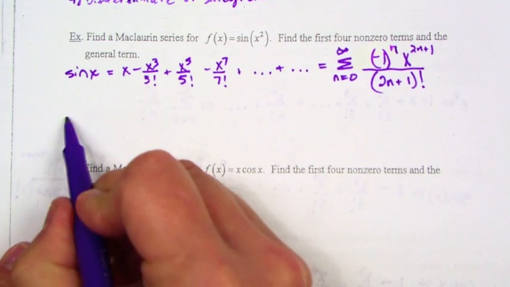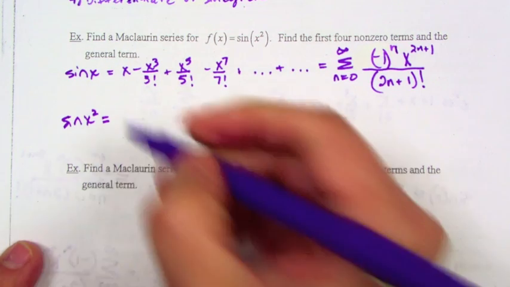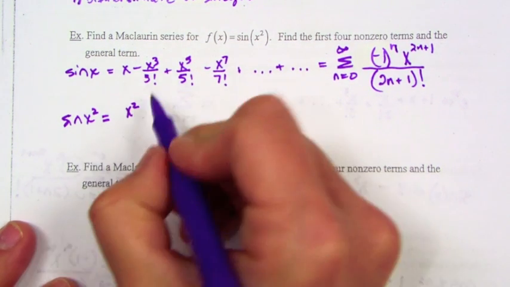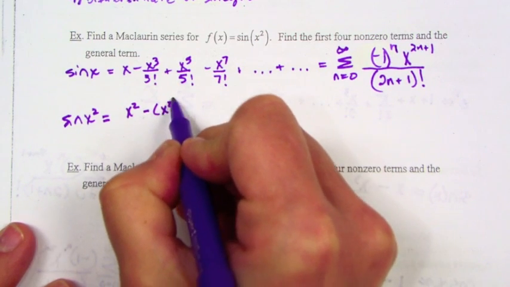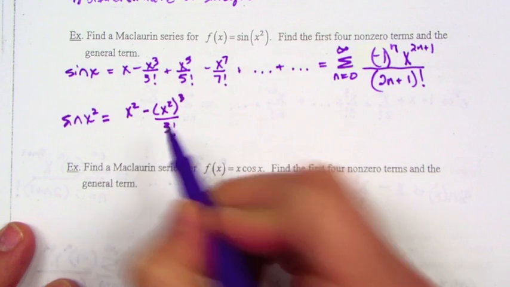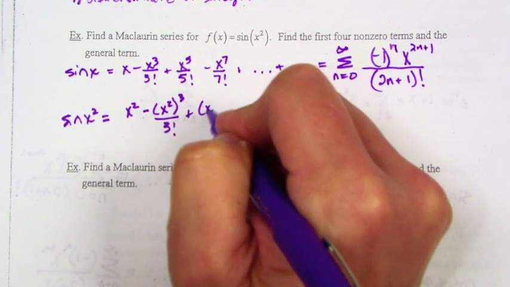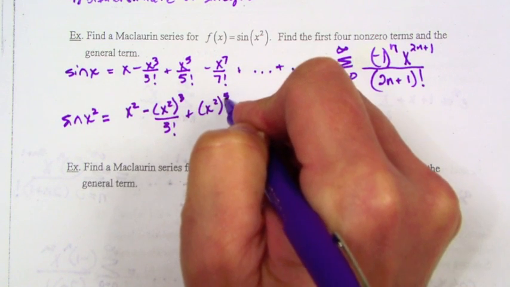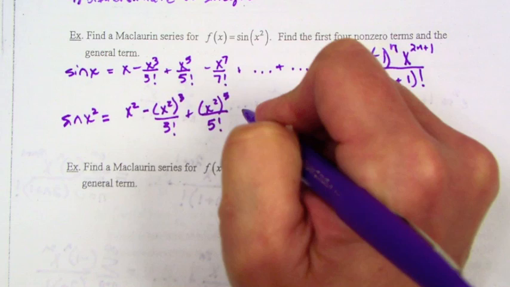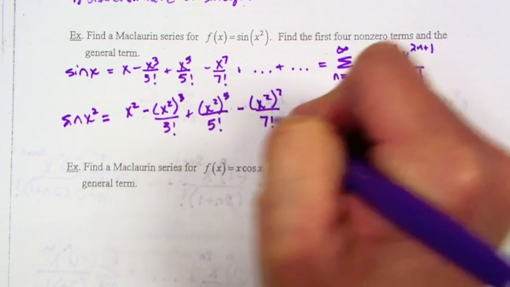Okay, so for sine of x squared, I'm going to have x squared minus x squared cubed over 3 factorial plus x squared to the 5th over 5 factorial minus x squared to the 7th over 7 factorial.